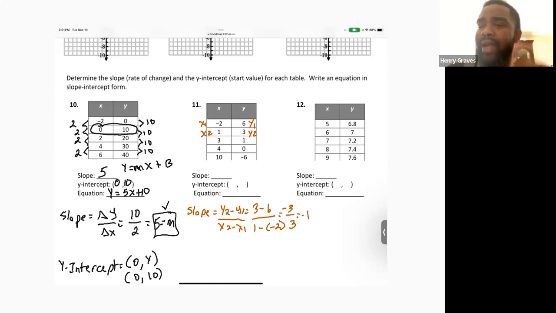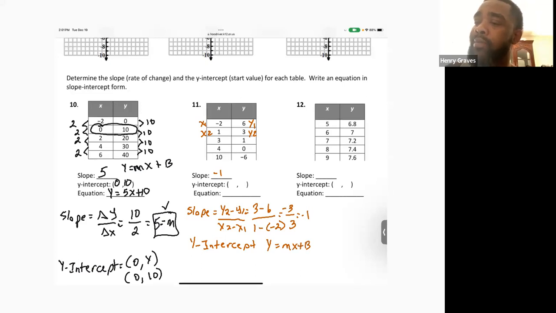Now, to find the y-intercept, I'm going to have to do things again a little bit differently, because if you notice, they didn't give me when x is 0 on that table. So I need to be careful here and use y equals mx plus b, because I already have my m. I'm going to use my 6 for my y, right? Because that's my first one.